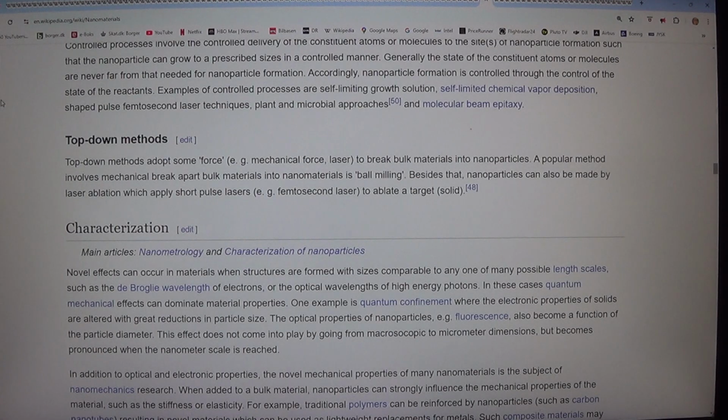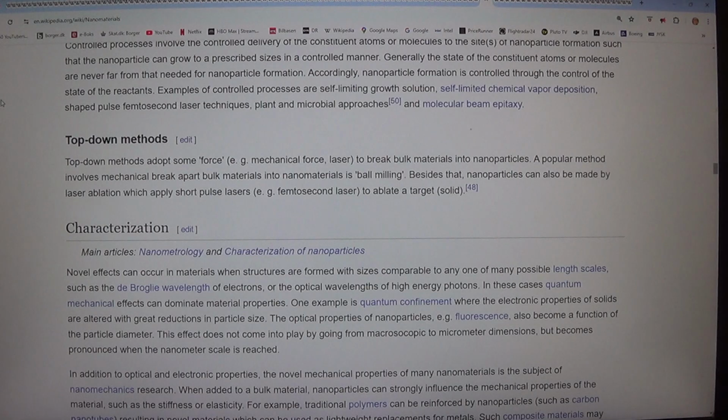Accordingly, nanoparticle formation is controlled through the control of the state of the reactants. Examples of controlled processes are self-limiting growth solution, self-limited chemical vapor deposition, shaped pulse femtosecond laser techniques, plant and microbial approaches, and molecular beam epitaxy.